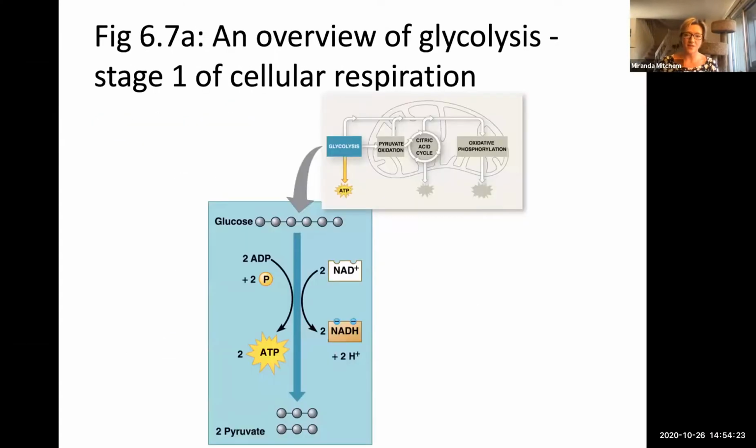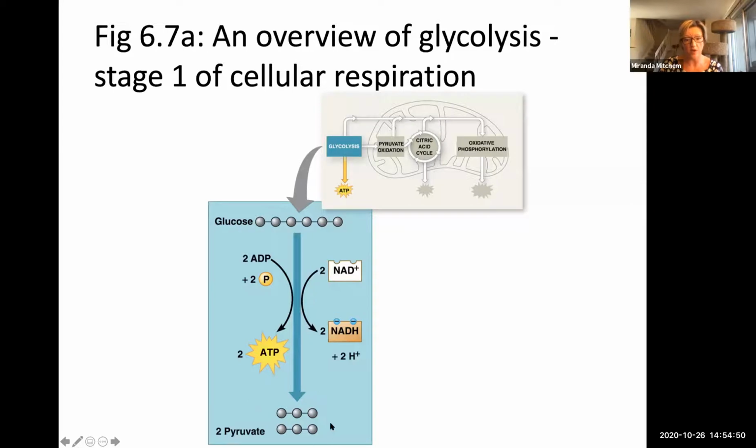Okay, so this is the summary of the chemical reaction of cellular respiration. Stage 1, glycolysis. So we're just at this stage. It begins with a 6-carbon glucose, 1, 2, 3, 4, 5, 6. It is enzymatically cut into 2 molecules of pyruvate. Each of those contains 3 carbons.